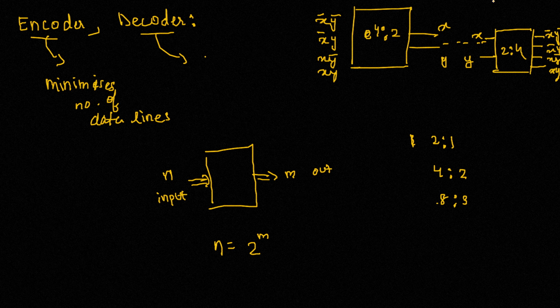So for that, the truth table of a full adder looks something like this: A, B, C, sum and carry out.